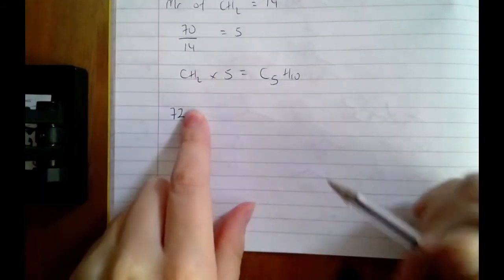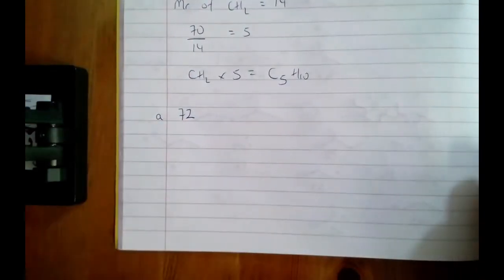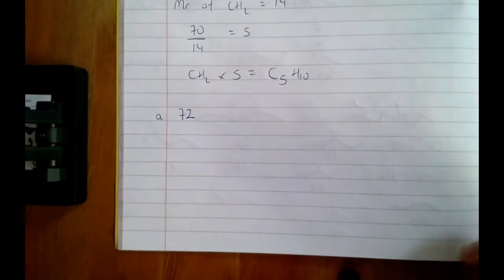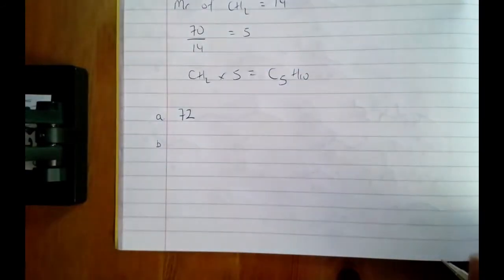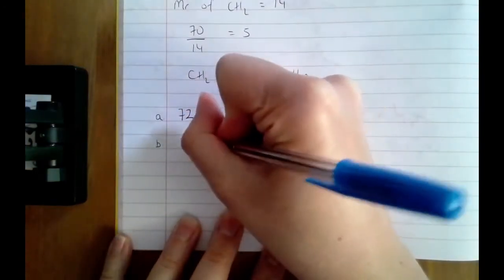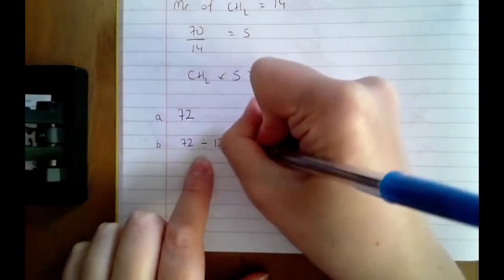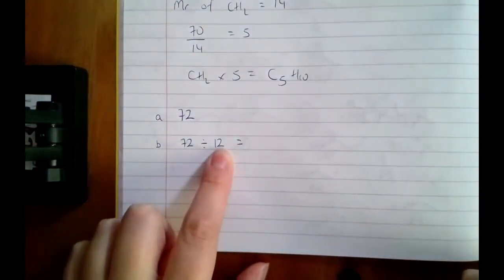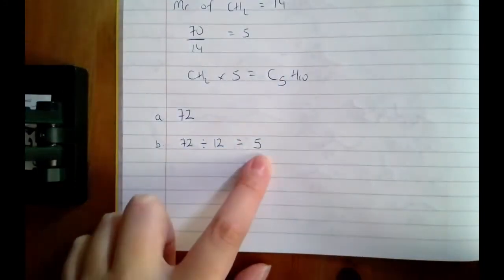Now I know the mass of my molecule, 72, and I'm told that this molecule contains carbon and hydrogen only. So if I know it's got a total mass of 72, and I know it only contains carbon and hydrogen, I'm able to figure out what the molecular formula actually is. And I do that by dividing by 12. Carbon has a mass of 12. If I divide by 12, I see how many carbons I can get in there.